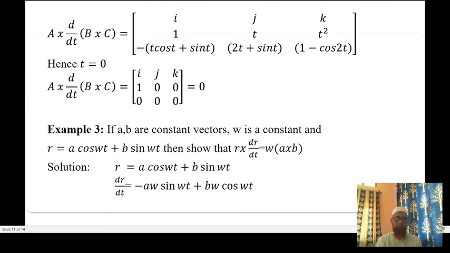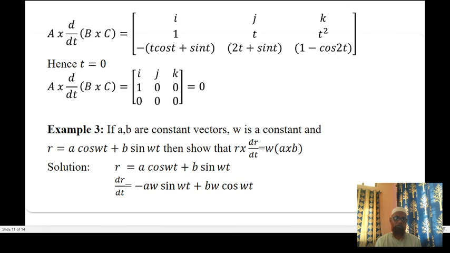So, third example. If a, b are constant vectors, w is a constant, and r equals a cos wt plus b sin wt, then show that r cross dr by dt is w into a cross b.